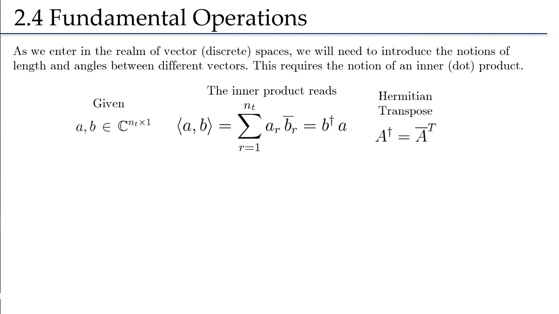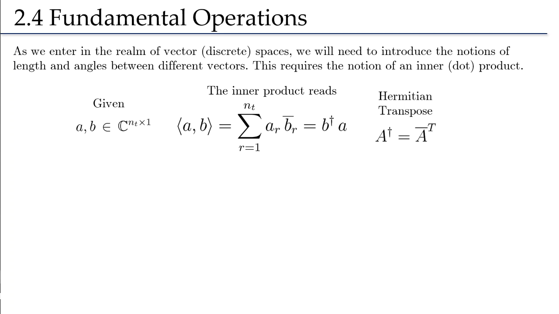This is something you need to make sure that the product of a vector with itself is never a negative quantity. In vector notation, we will replace this summation by a vector product of b dagger times a. Here, the dagger denotes the Hermitian transpose, that is the transpose and the conjugation.